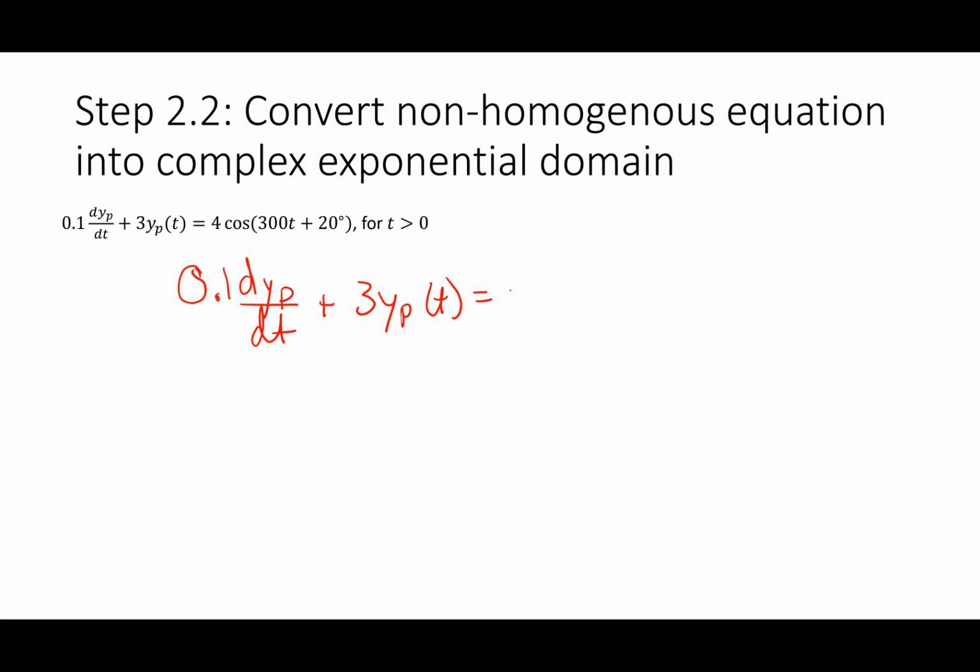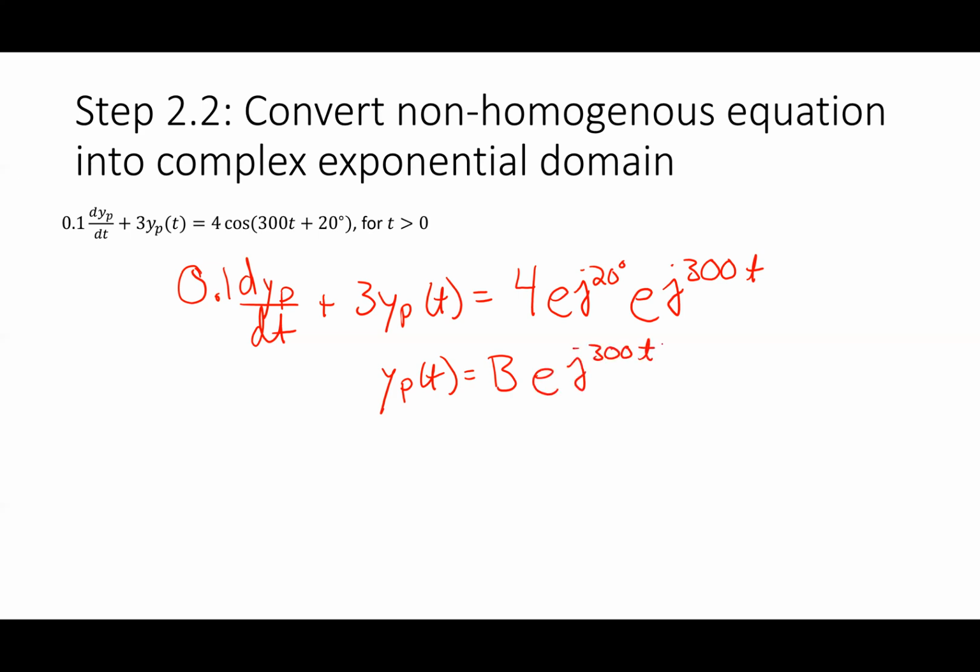Give me the dynamic phasor that goes with that. 4 e to the j 20 degrees, e to the j 300t. And we've said that y sub p of t is equal to B e to the j 300t, where B has a magnitude and an angle.